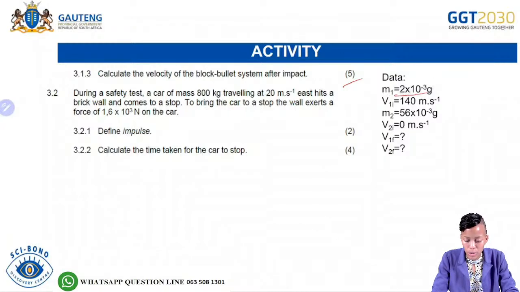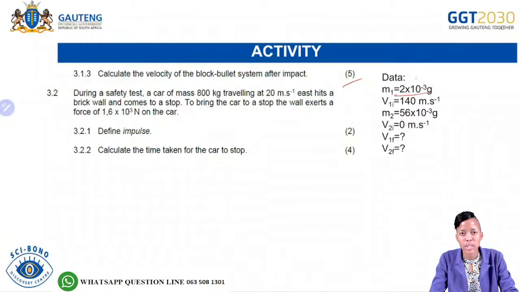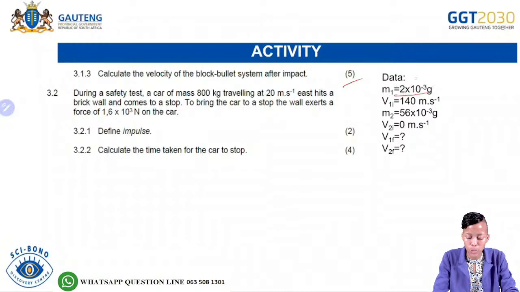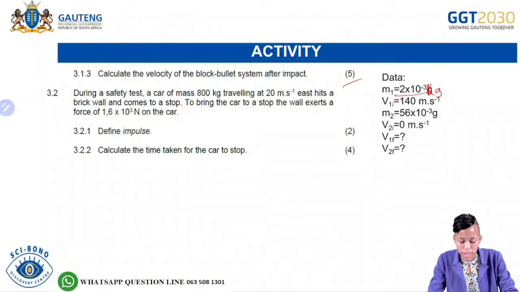So you are going to say 2 divided by 1,000, or 2 times 10 to the power of -3, and that would give you your answer in kilograms.